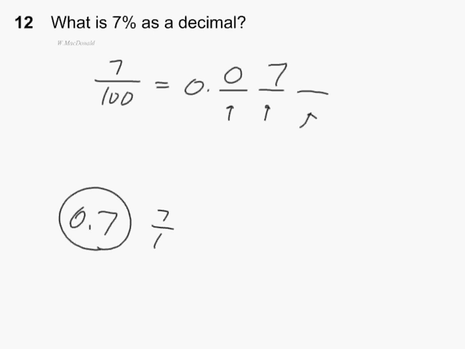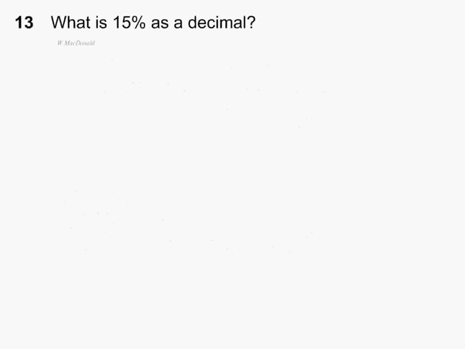And 7/10 is the same thing as 70/100ths, which is the same thing as 70%. So be careful with that one on a test. That's the most common mistake. What is 15% as a decimal? Again, the same pathway. 15% equals 15/100ths, which is 0.15.